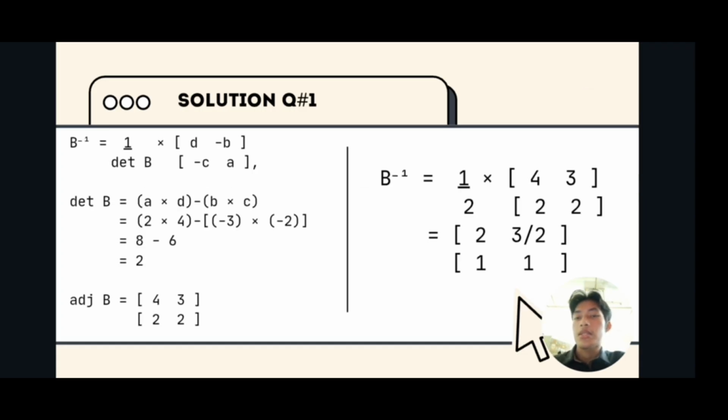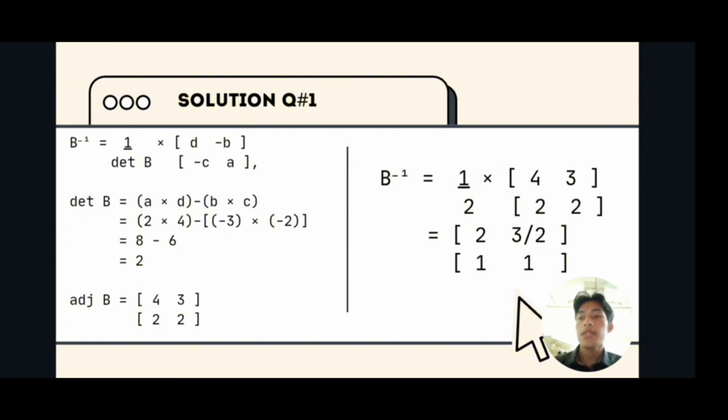Here is the solution. B inverse equals 1 over determinant B, multiplied by the matrix D, negative B, negative C, and A. The first step, determinant B equals A times D minus B times C, equals 2 times 4 minus negative 3 times negative 2, equals 8 minus 6, and the answer is 2.